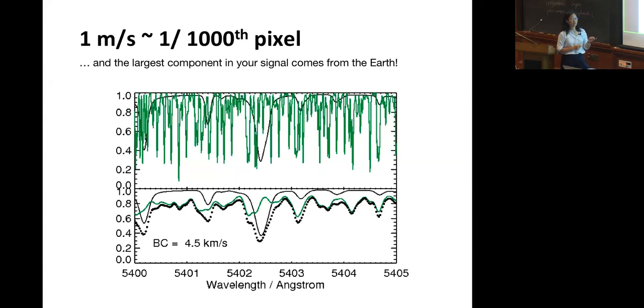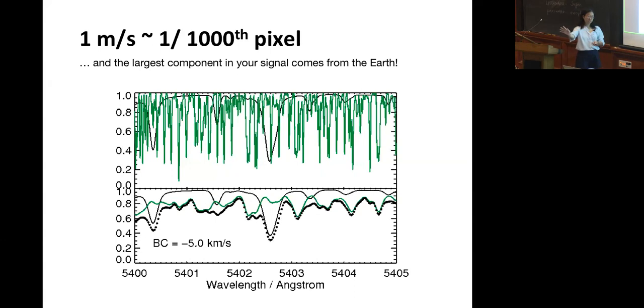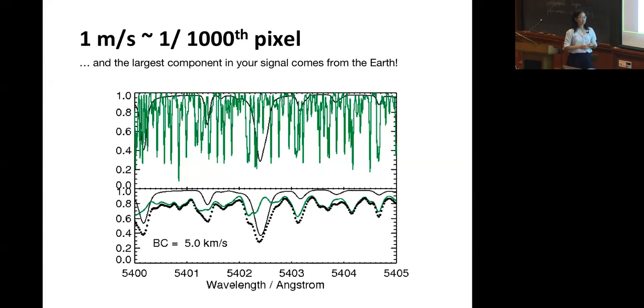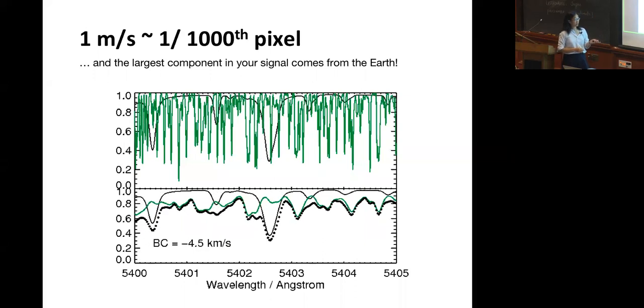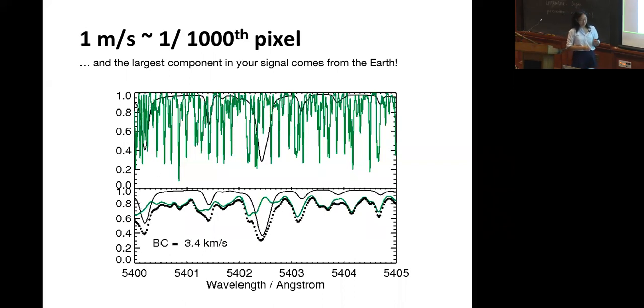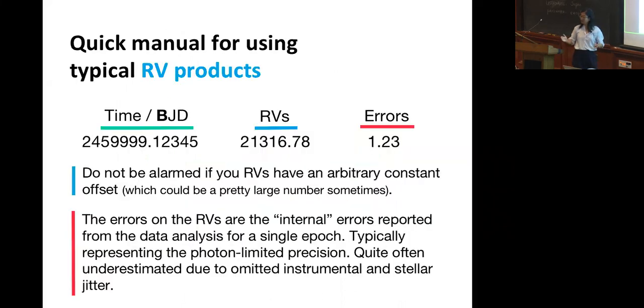So that's many, many, many pixels across, right? So you're dealing with something that changes on your CCD frame on the order of many tens of pixels. And you take the barycentric correction out, and you're trying to measure a 1,000th of a pixel shift. Fun, fun, fun game.